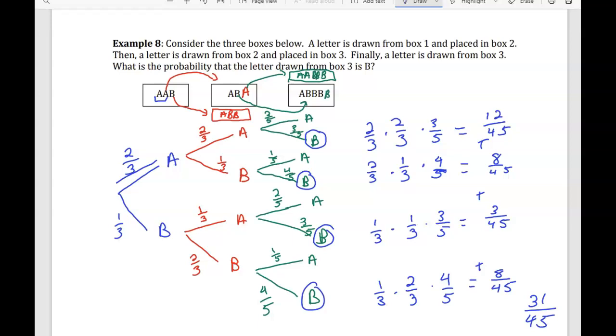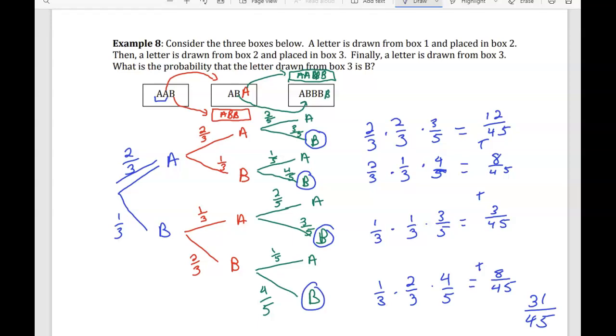So your denominator is actually going to increase from 2 to 3 or from 4 to 5 in those boxes. And your numerator is going to change based on what you drew in the first selection.